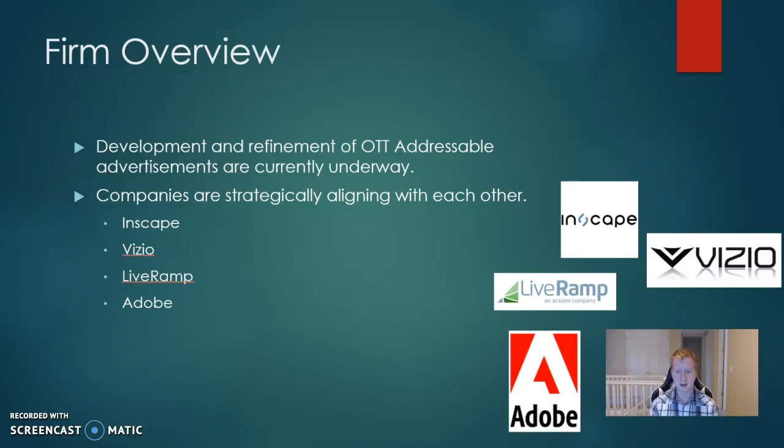Companies that are strategically aligning with each other are ones such as Inscape and Vizio, and also Adobe and LiveRamp, to see how they can best use OTT addressable advertisements, or addressable advertisements that are delivered OTT.